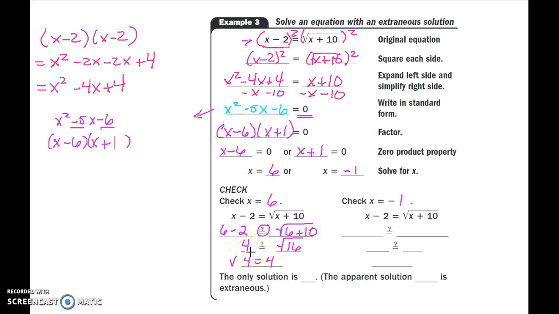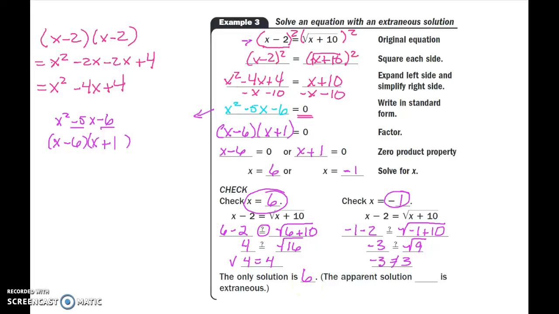Over here, I'm going to put negative 1 in for x, so I have negative 1 minus 2. Does it equal the square root of negative 1 plus 10? Well, negative 1 minus 2 is negative 3. And does it equal the square root of 9? Well, negative 3 does not equal 3. Does not equal. So the only actual solution is 6.